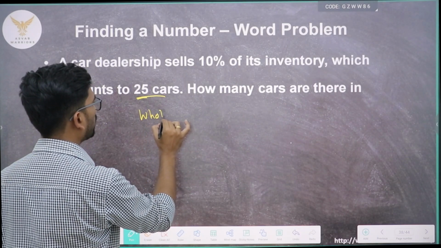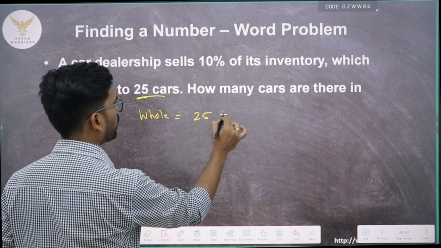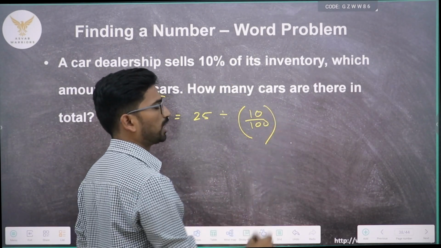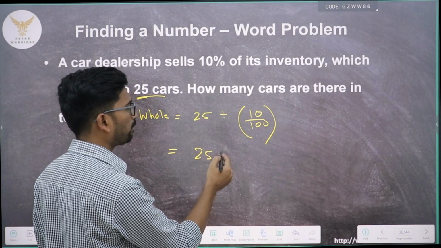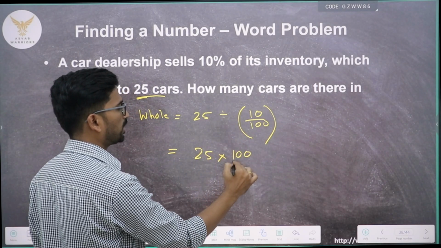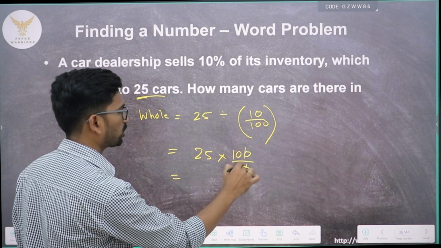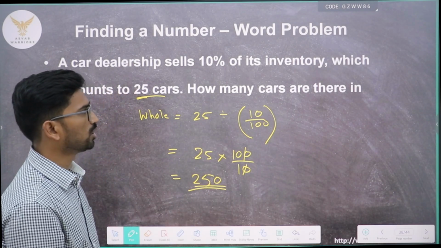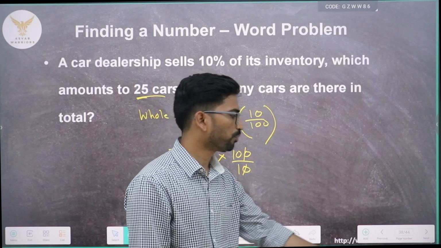So the whole equals part, 25, divided by percentage, which is 10 of 100. So 25 multiplied by, take the reciprocal, 100 divided by 10. 0 0 gets cancelled. 25 times 10 is 250. So there are a total of 250 cars in the inventory.